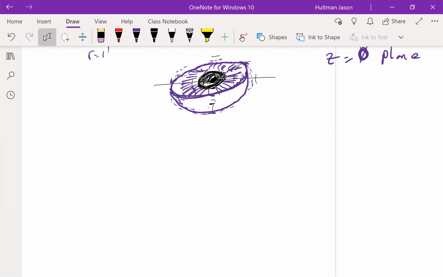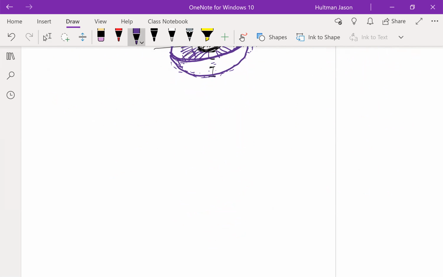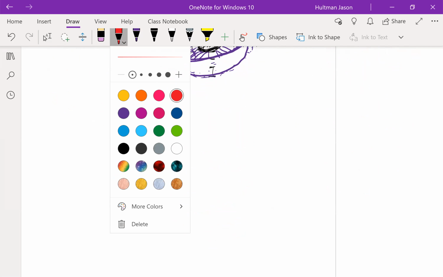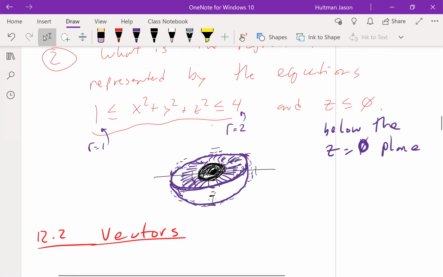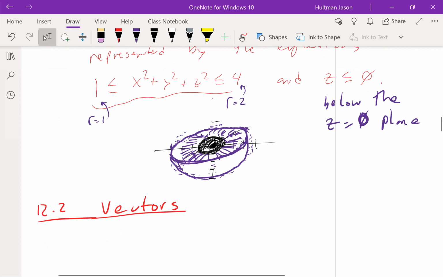Okay, let's talk about vectors. 12.2 vectors. Sorry, Professor, can you scroll up? Thank you. Sure.